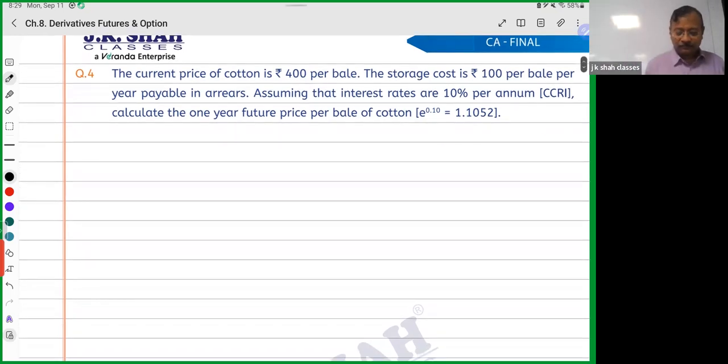Now, future price will be spot. Storage तो बाद में है, तो spot into continuous compounding है, e raised to Rn and plus storage.